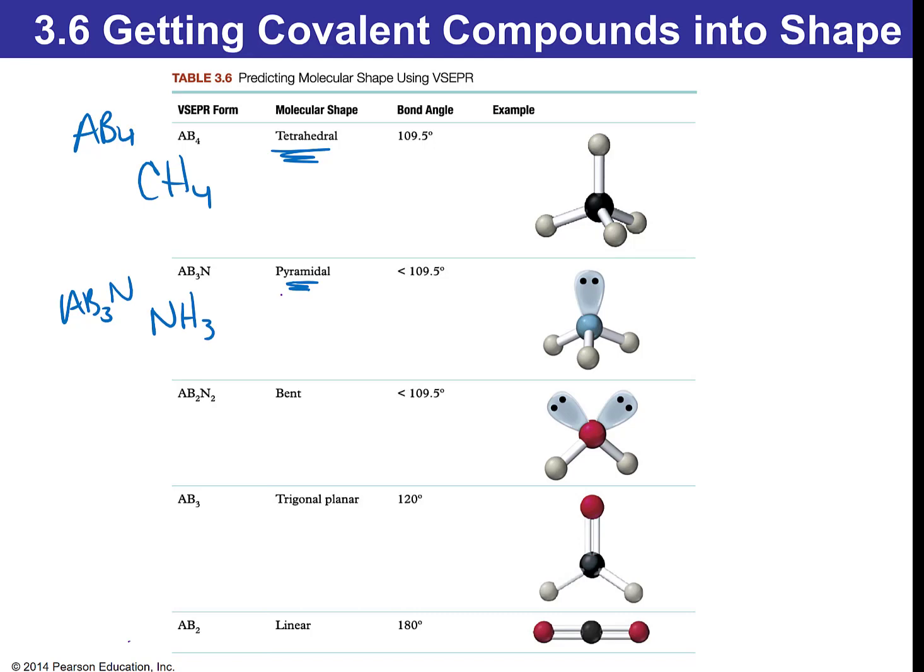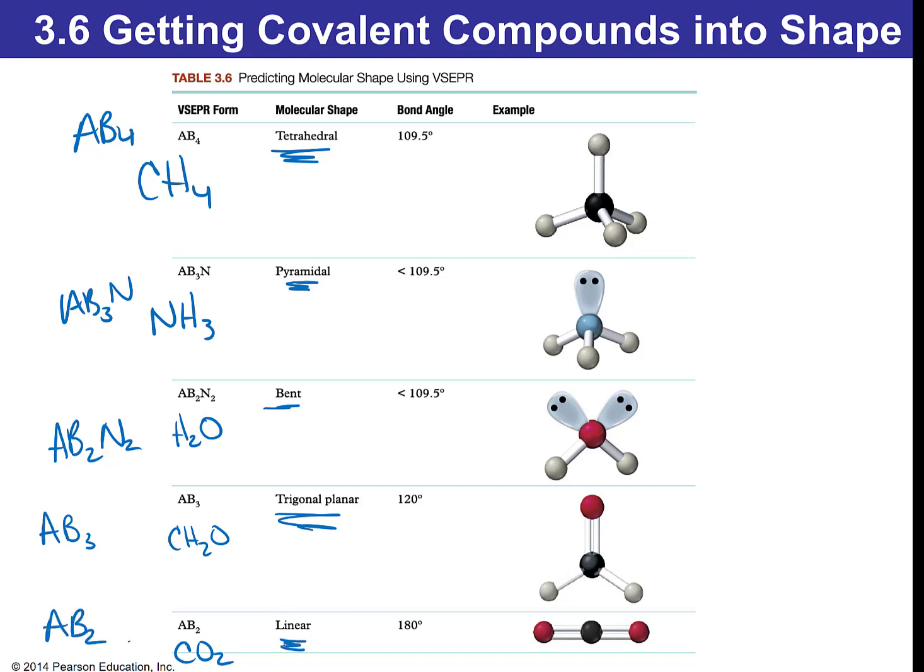The AB2N2, water, H2O. Great example, always going to be bent. AB3, that was the formaldehyde, CH2O. And that one's trigonal planar. So you can see it looks like a triangle and it's flat. And then the last one we were looking at, CO2. That one's AB2 and it's linear. So it just ends up forming a straight line, like a pencil.